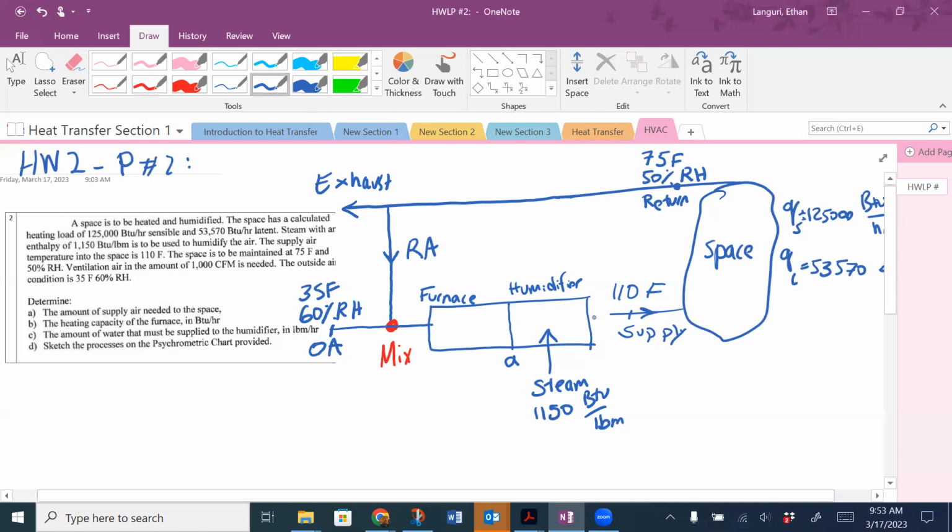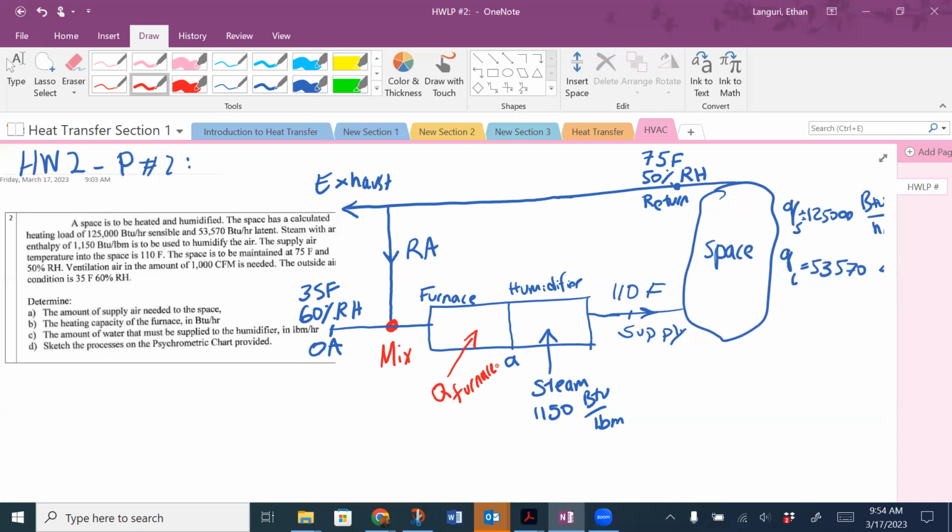Let me connect this supply line to my humidifier. And of course, I can show that this furnace gets some heat from either electric or natural gas or other sources. So let's call it Q furnace. In section B, we're going to find out the heating capacity of the furnace in BTU per hour. So we're going to find out that Q later.